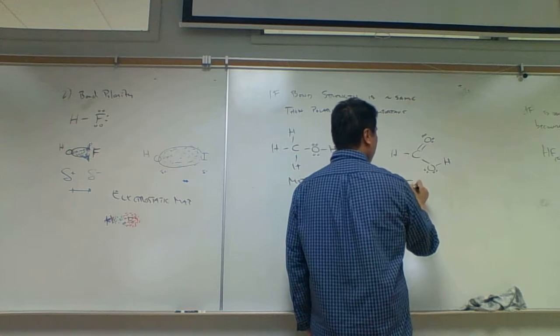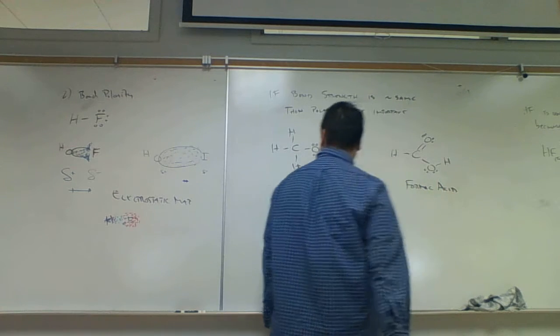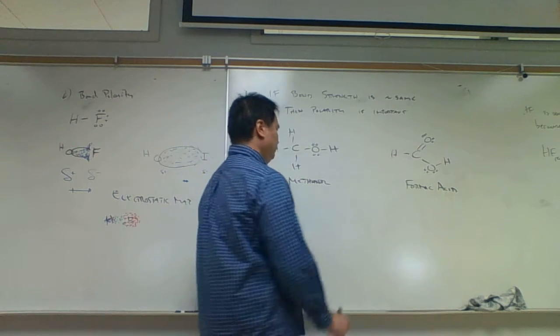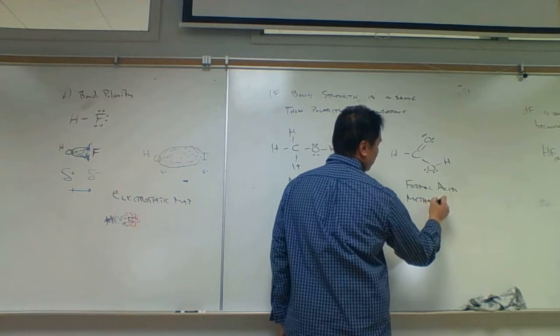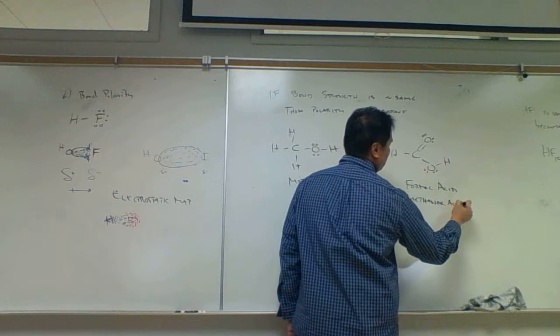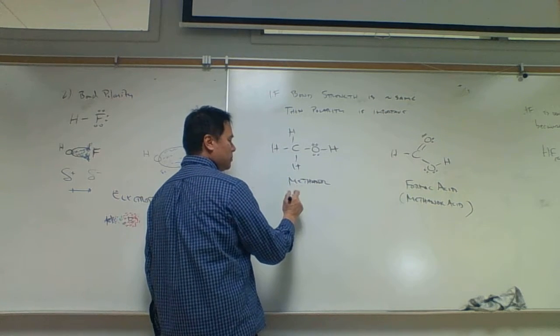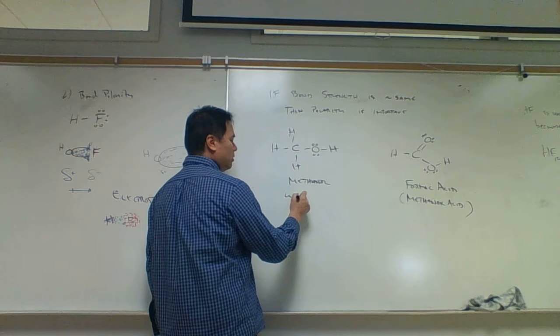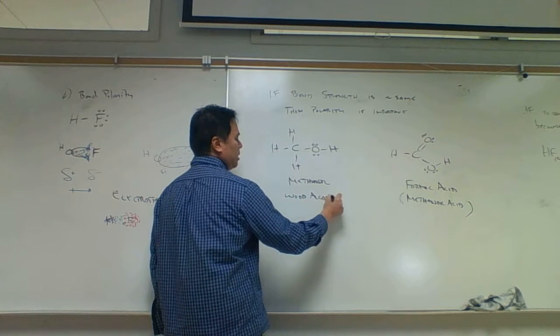We'll just call it formic acid. The common name is much more common than its systematic name. Over here, methanol is much more common than wood alcohol, its common name.